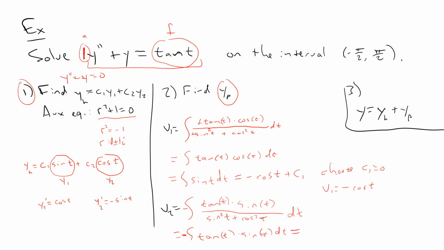So bottom line, after doing the integral, for this one we're going to get sine t minus natural log secant plus tangent.